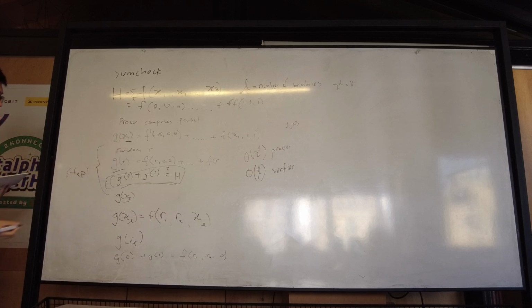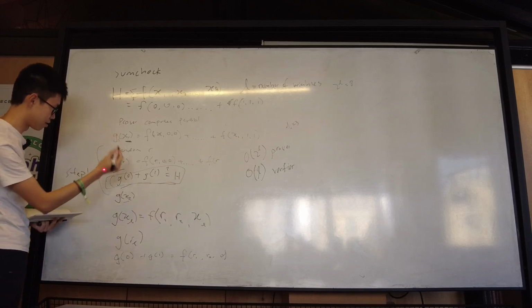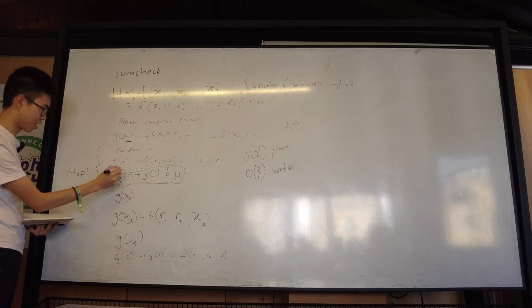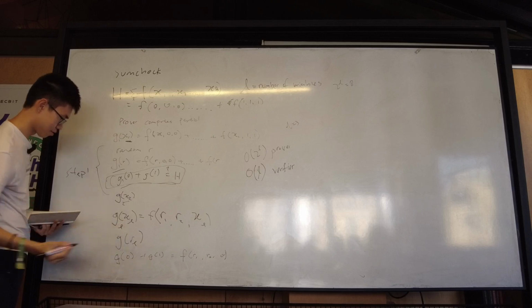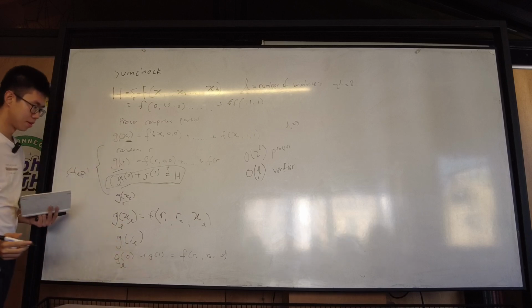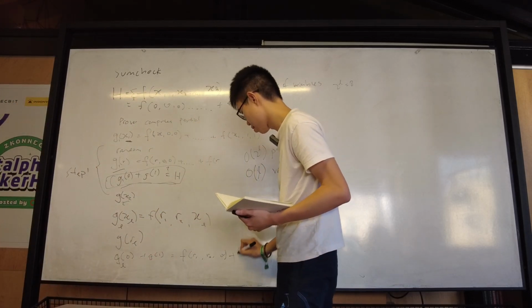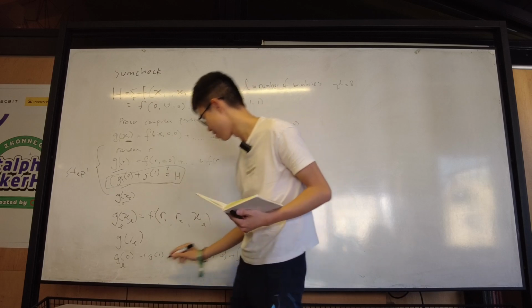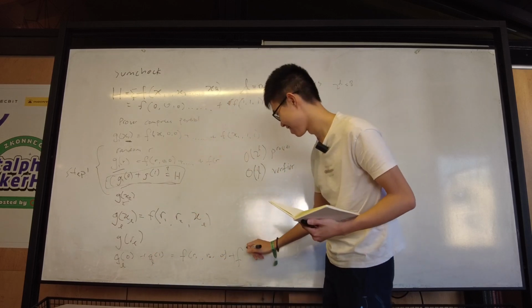Yeah, so these are different partial sums. G1, G1, G2, G_L, right? And G_L, G_L.